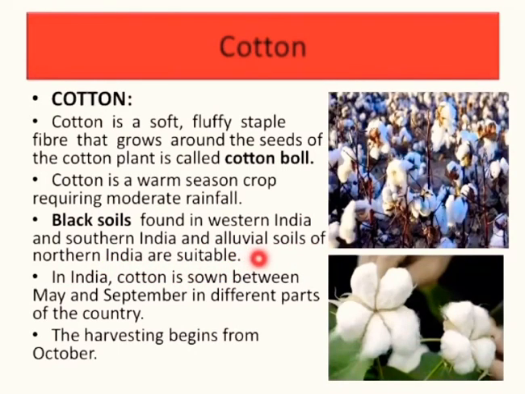Alluvial means soil made up of a variety of materials like fine particles, clay, and large particles like sand, gravel, etc. In India, cotton is sown between May and September in different parts of the country. The harvesting begins from October.